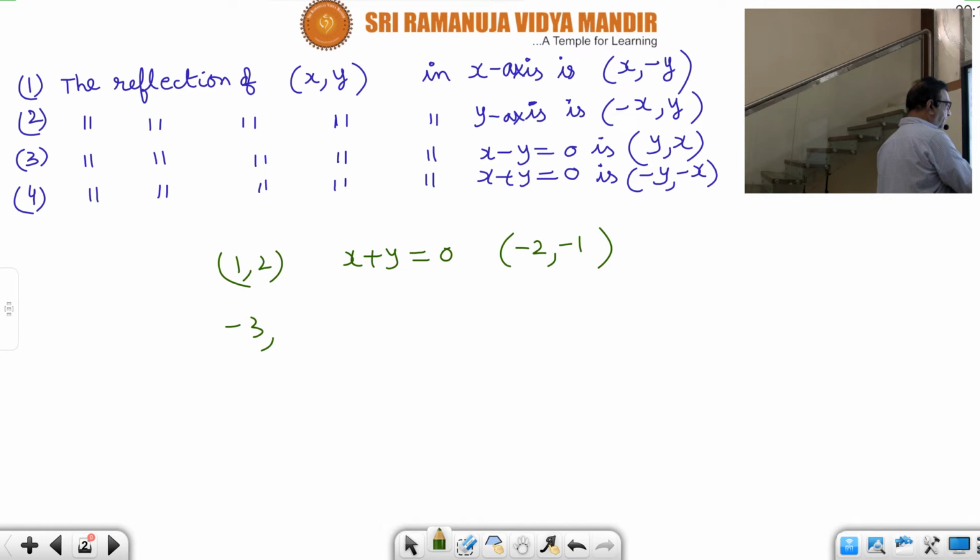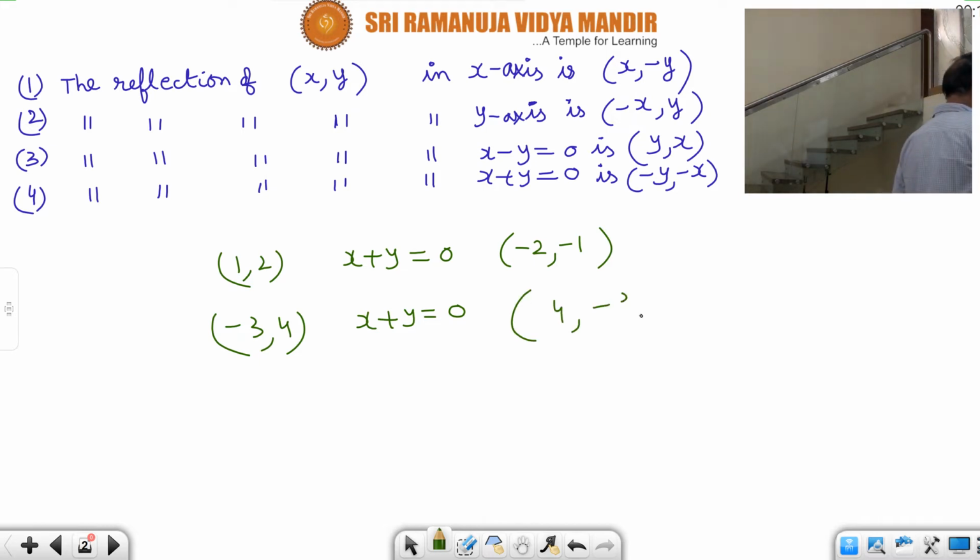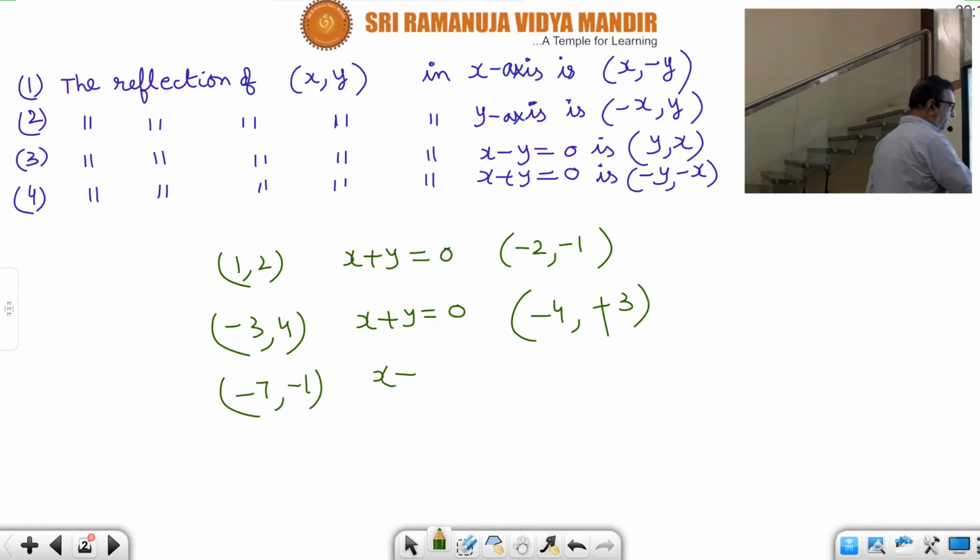So for minus 3 comma 4, same line, what is the reflection? First step, 4 comma minus 3. Interchange the coordinates, then change the sign of both. Minus 4 comma plus 3. That is the final answer. Minus 7 comma minus 1, what is the reflection in x plus y is equal to 0?